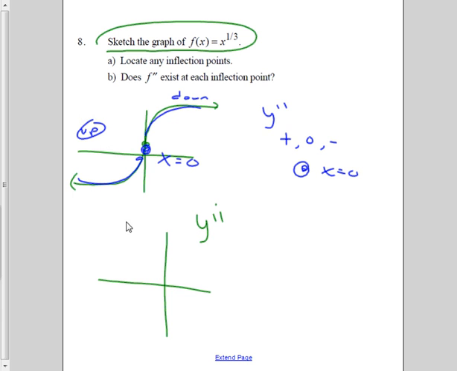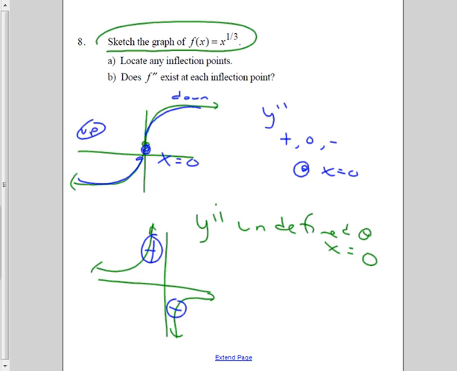It's undefined at x equals 0, but our second derivative does go from being a positive value to a negative value.